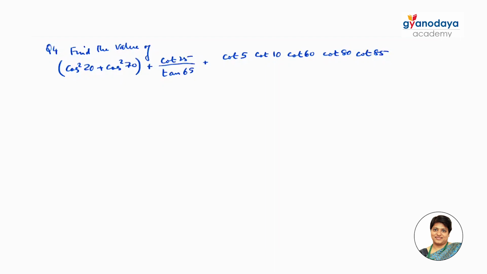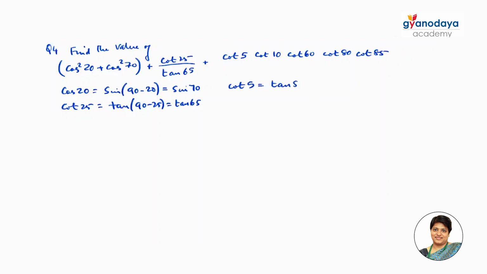So we have these complementary trigonometric functions, which give us that cos 20 will be the same as sine of 90 minus 20, which is sine 70, and similarly cot 25 is tan of 90 minus 25, which is tan of 65. Similarly, you can find out that cot 5 is nothing but tan 85, cot 10 is nothing but tan 80.